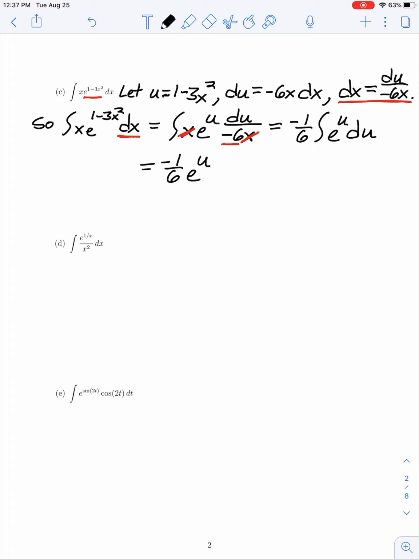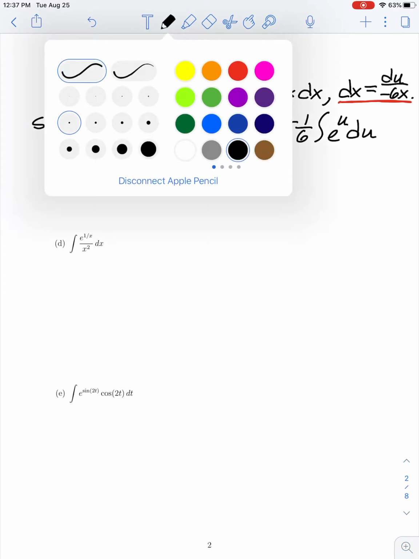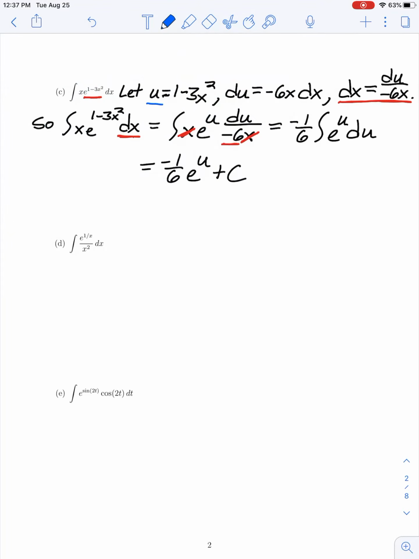And at this stage, once I found my antiderivative, I can include an arbitrary constant to find my integral. That is the most general antiderivative. And again, in our last step, we want to express our final answer in terms of the variable x. So the expression that we had for u, 1 minus 3x squared, we're going to substitute back in.